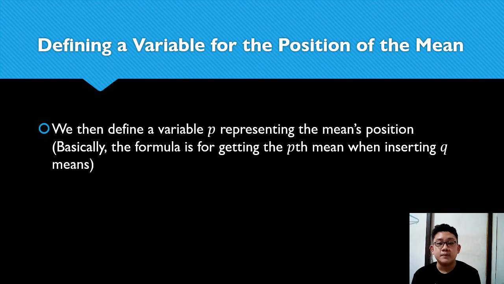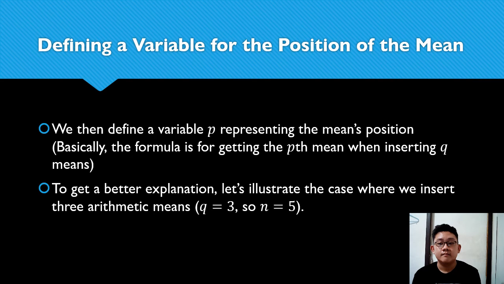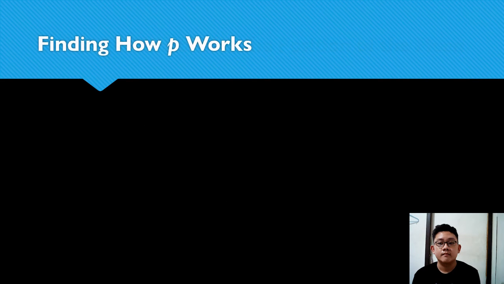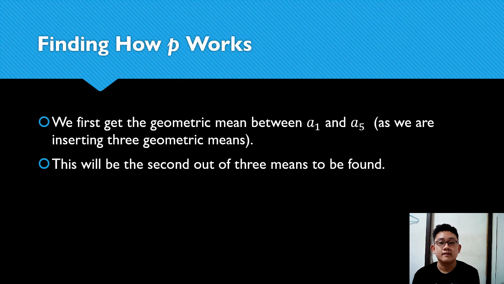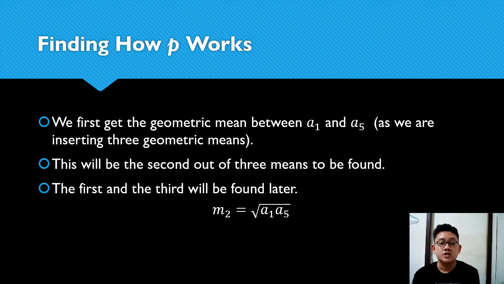Again, we define p. Similar logic here. So m sub 2 is equal to square root of a sub 1, a sub 5.